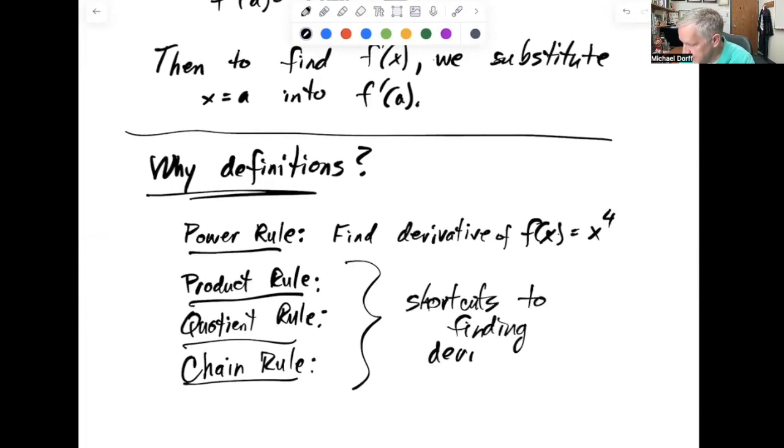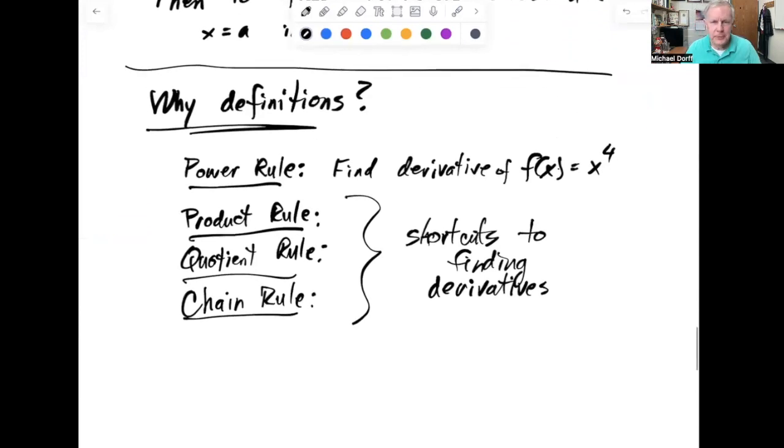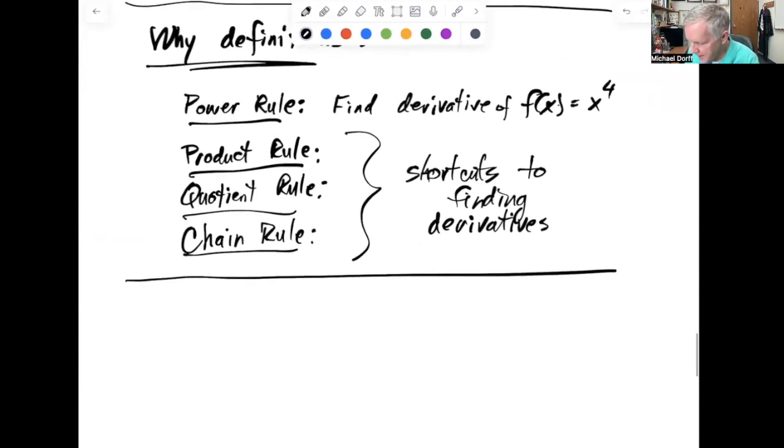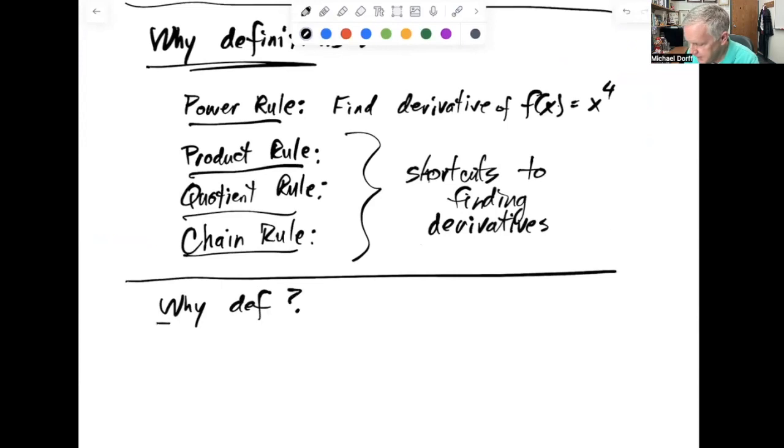And so students will say, well, why didn't we just start with the shortcuts and skip the definitions, because the shortcuts make it easier to find them? Well, it is true that they make it easier. So why do we have definitions? Well, first of all, how did they come up with these shortcuts?